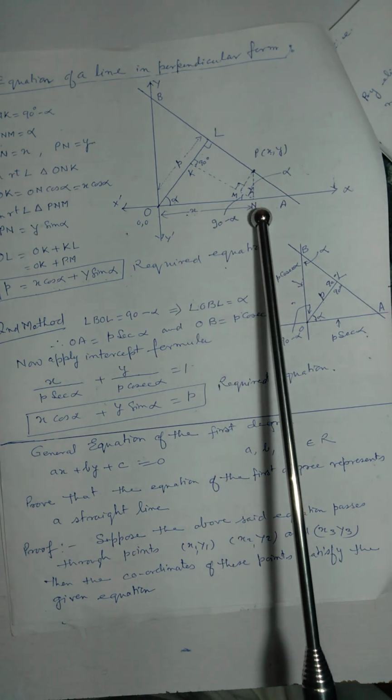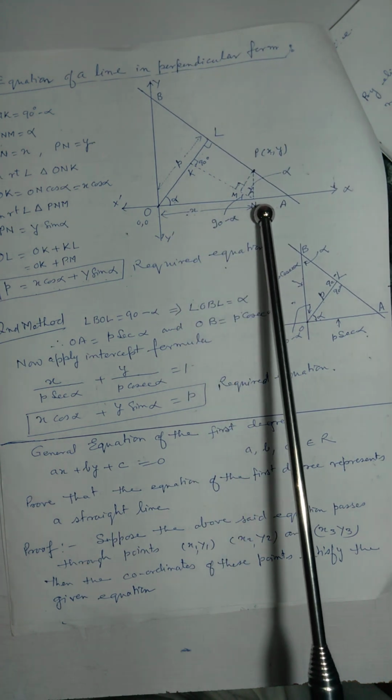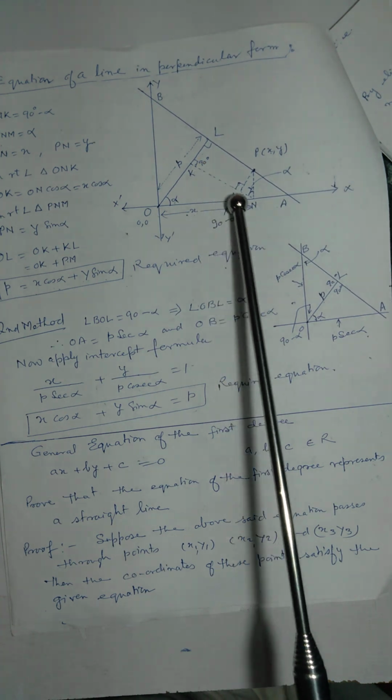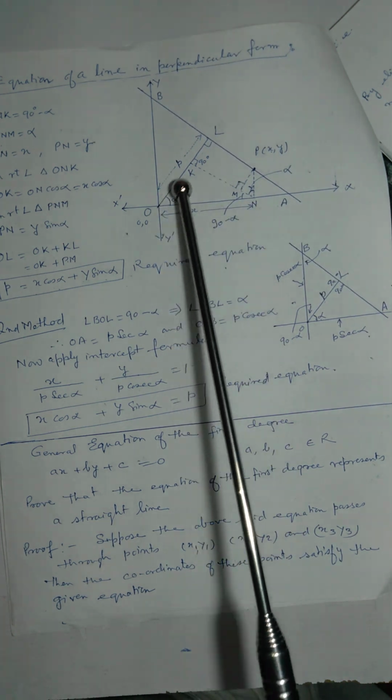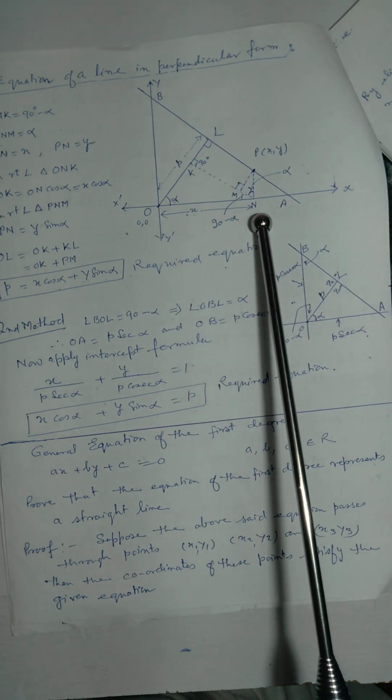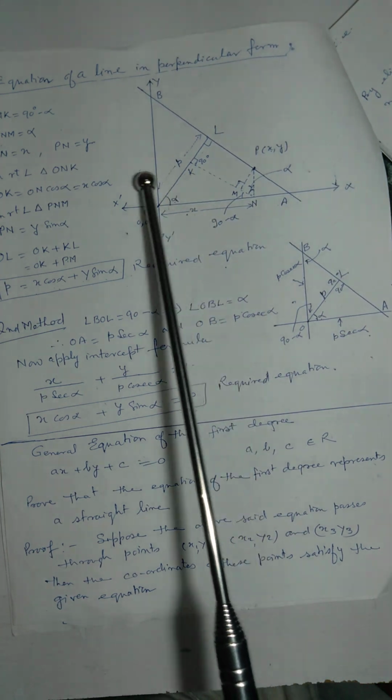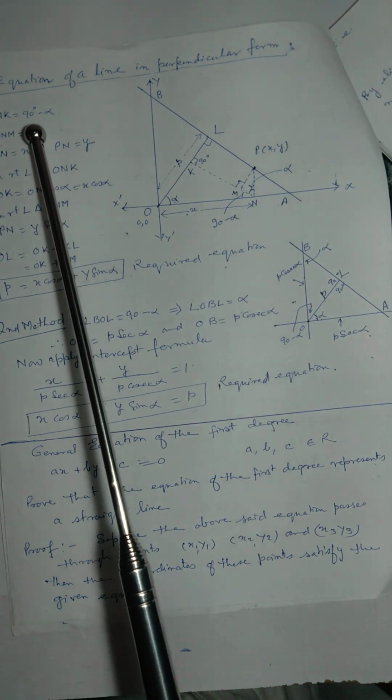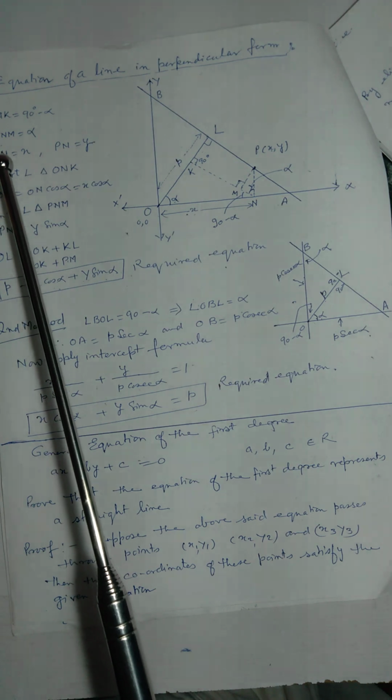So once you drop a perpendicular from here, again from N we have also dropped a perpendicular on OL, that is NK. You see, angle ONK is 90 minus alpha.